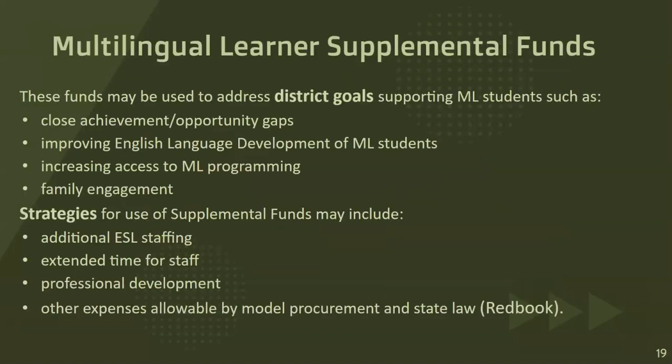And again, if you want some ideas of how to use these funds, they must be used to address the district goals that have been created to support our ML students as listed here, as well as some strategies.